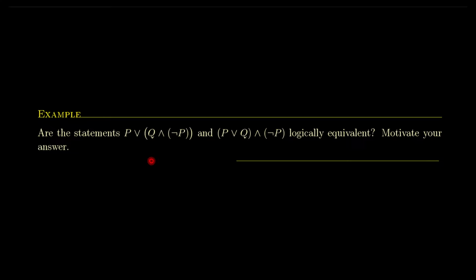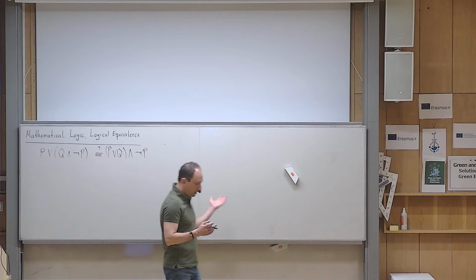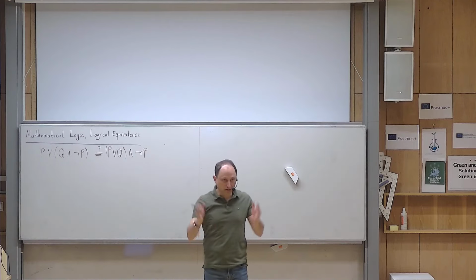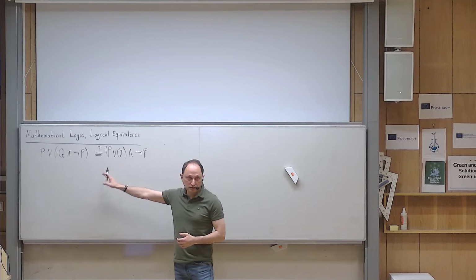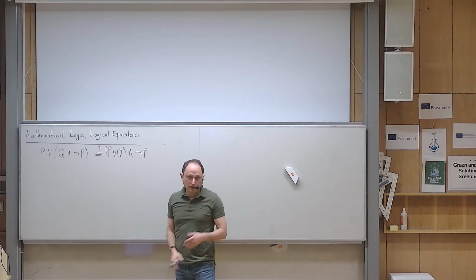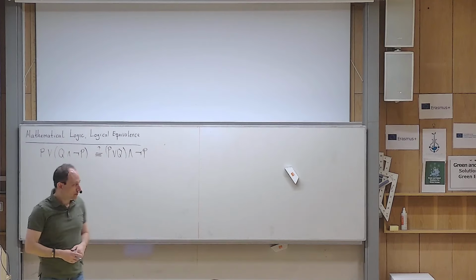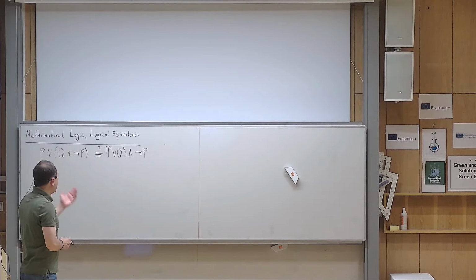Okay, so what do you think? Are they logically equivalent or not? They are not. If you say they are not, you can show it in two different ways. Completely find the totality of this by the table and see that they are not identical, or if you are good enough, you can just calculate it in your head.